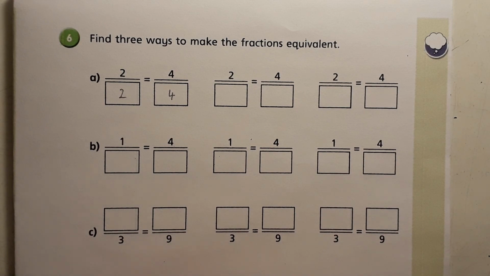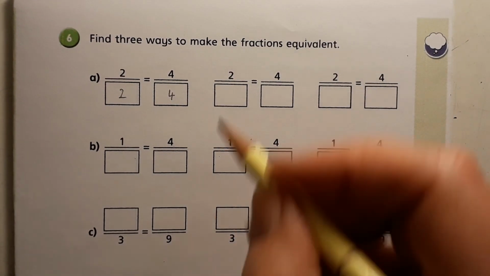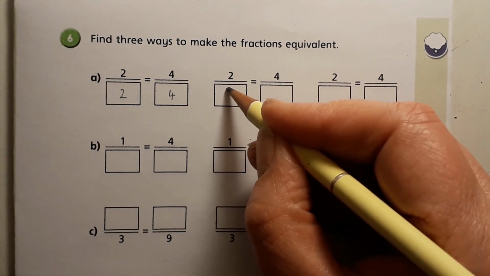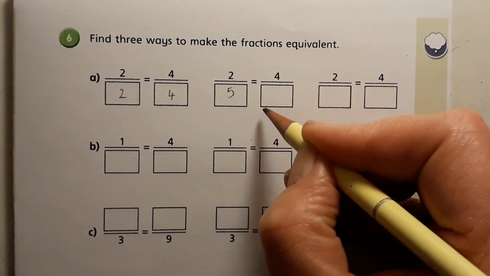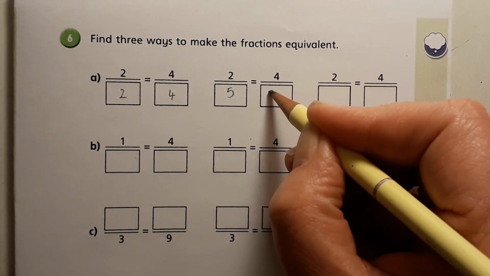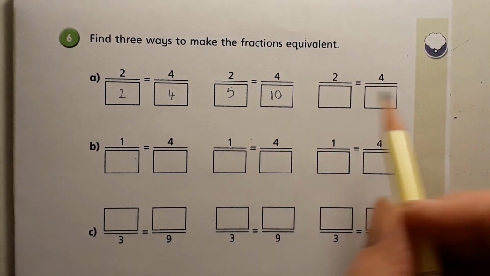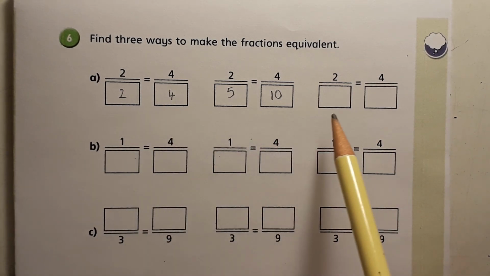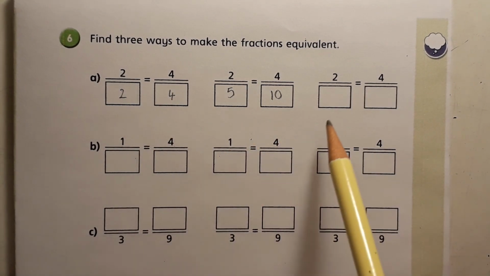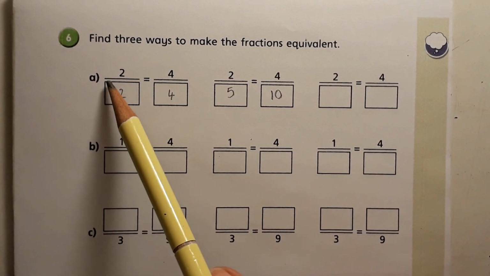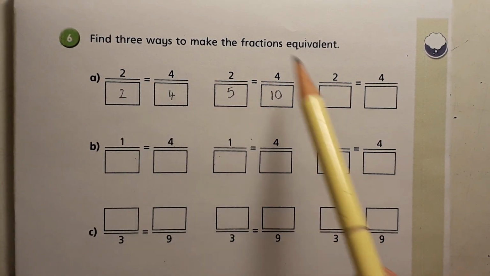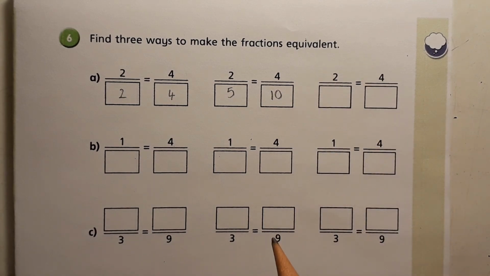That's your whole, isn't it? Okay. And here they've done 2/5 as the same as 4/10, and off they've gone. Yours won't necessarily be the same as the ones on the answer sheet, but as long as each fraction is in its equivalent pair, that will be fine. Okay.